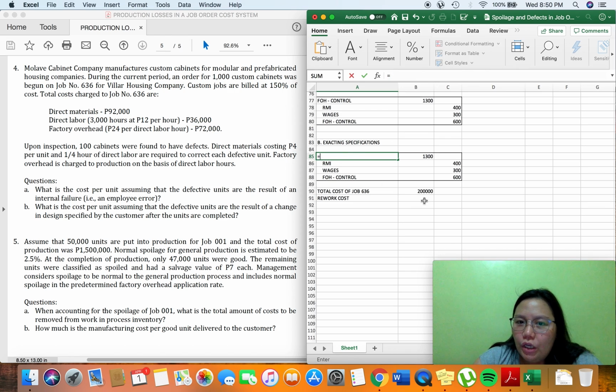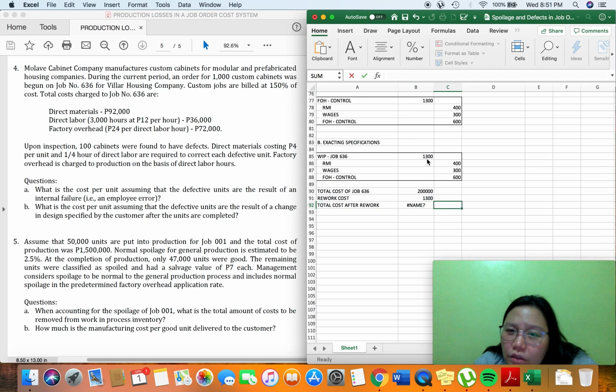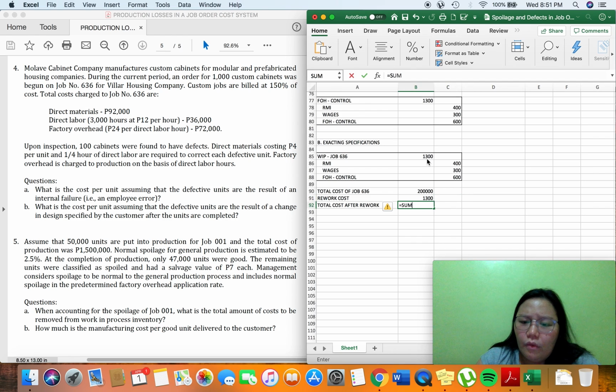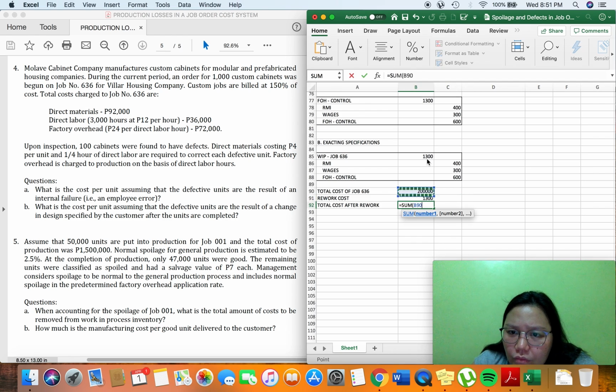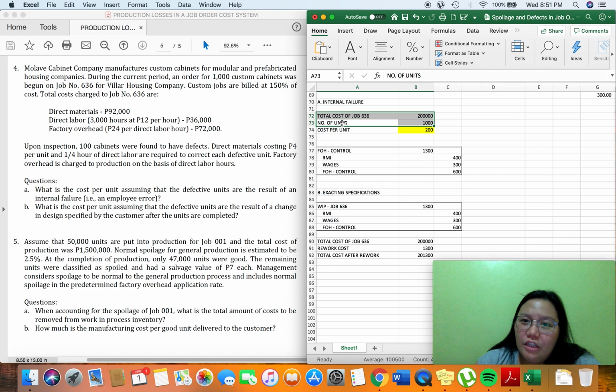So, we have to add 1,300, and then the total cost of job 636 after rework is now at 201,300.